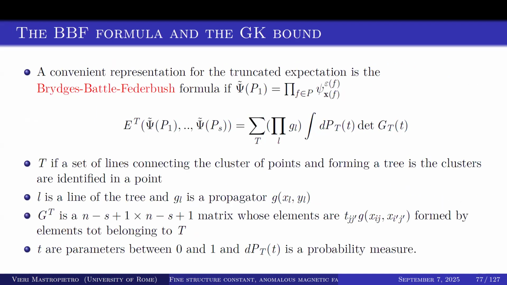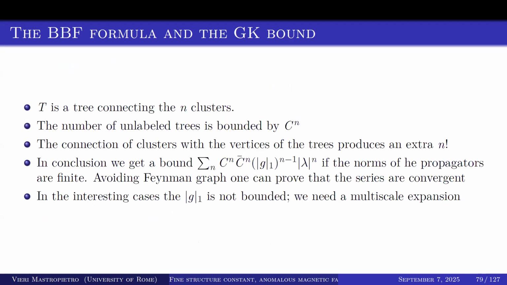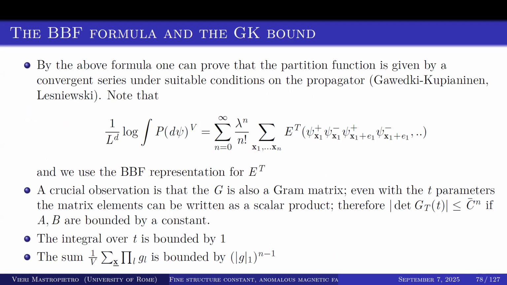Okay, so for instance, suppose that you have one over volume times the log of the integral. Then for the expectation, you have the sum of the integrals. Now you use that formula.